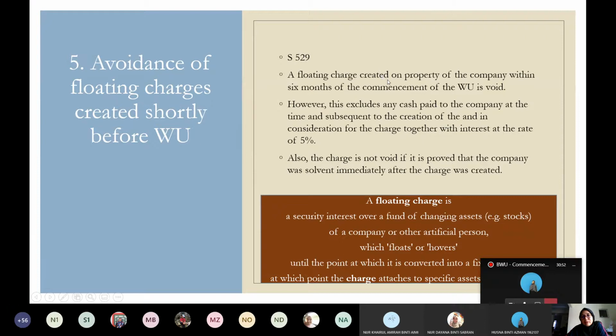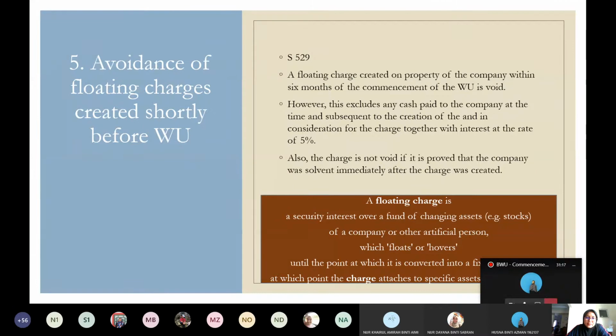A floating charge created on property of the company within 6 months of the commencement of the winding up is void. So it uses the same time frame, that is 6 months prior to the commencement of the winding up. However, this excludes any cash paid to the company at the time of and subsequent to the creation of the charge and in consideration for the charge, together with interest at the rate of 5%.